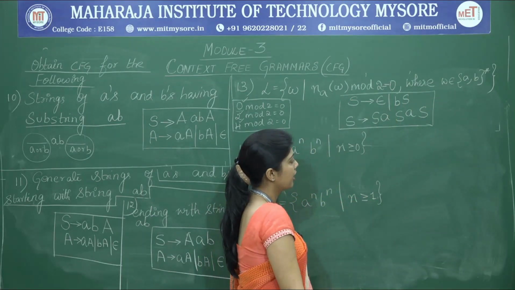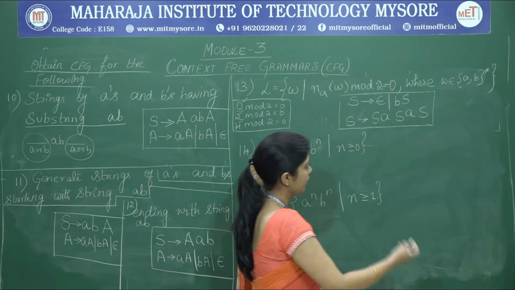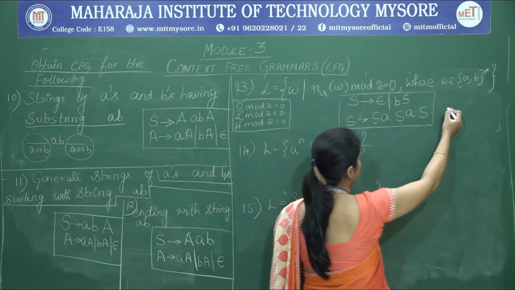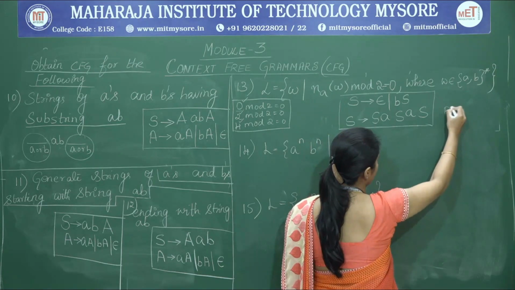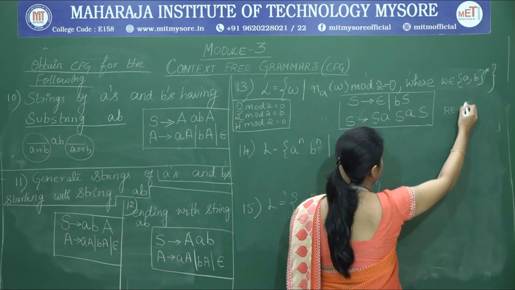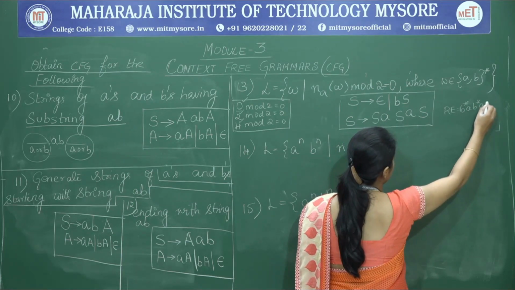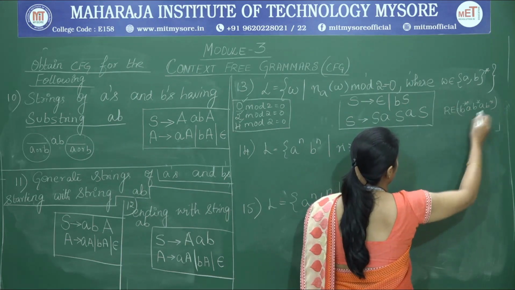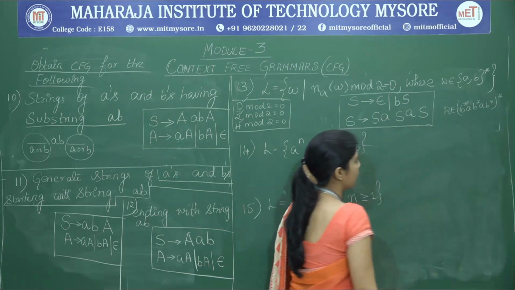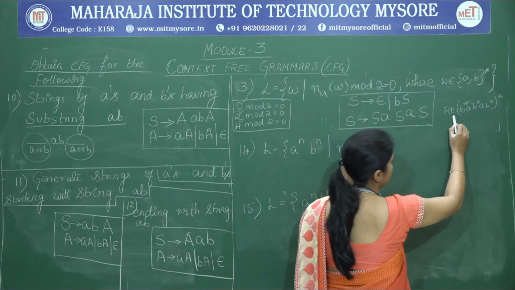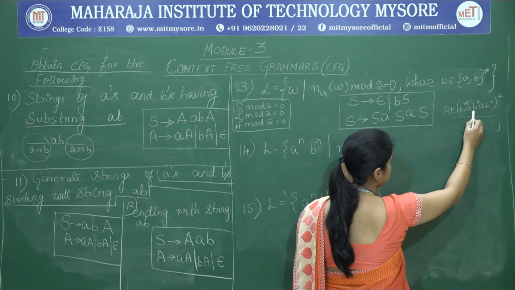If you want to write the regular expression for this, we may write this as RE is equal to (B star A B star A B star) whole star. So what happens here? Every time this entire expression repeats.